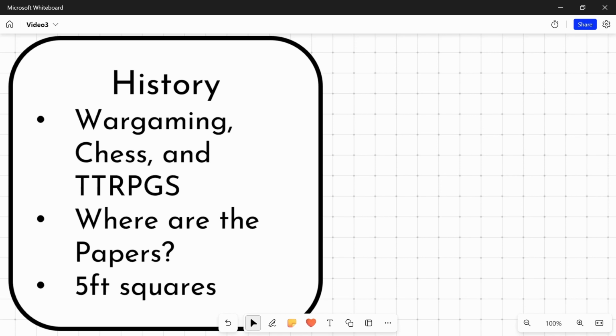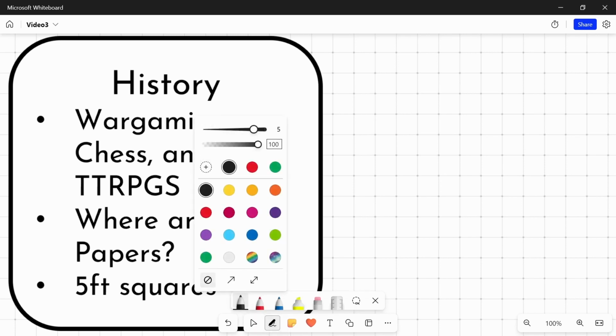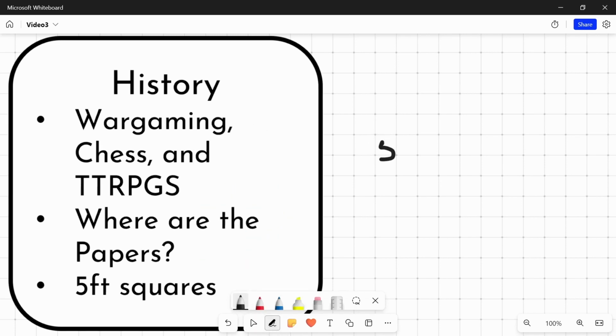And then 5 feet as a unit of measurement is a pretty good unit for the scale of combat that individual people would be having. Yeah, it is about how far you could swing a sword. I have noticed that a lot of modern TTRPGs are moving away from using 5s as their base unit, and instead going to 1. And this is a policy actually I'm quite in favour of.